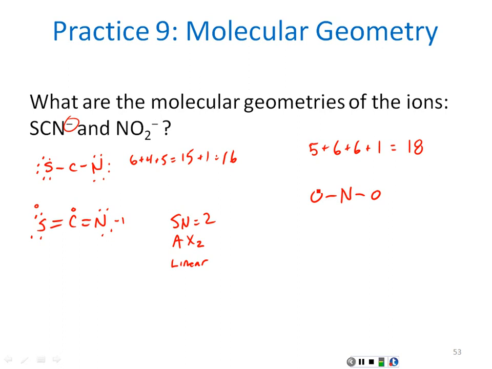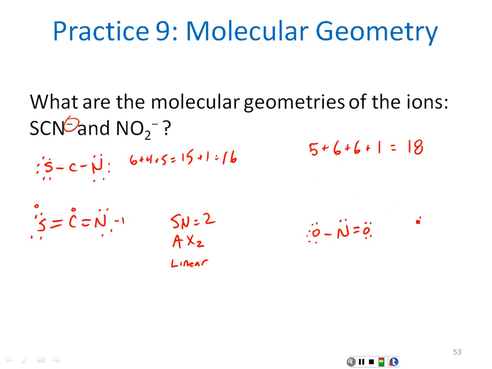We've used 4, so we have 14 more electrons: 1, 2, 3, 4, 5, 6, 7, 8, 9, 10, 11, 12, 13, 14. Nitrogen doesn't have a full octet though, so we're going to have to make a double bond. Again, it doesn't matter which side we pick, there'd actually be a resonance between the two. So that's the Lewis structure we've come up with.